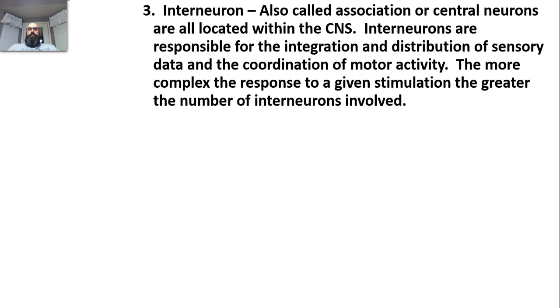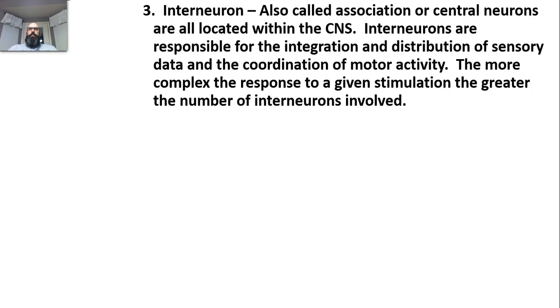The more complex the response that is needed in a given situation, the greater number of interneurons are required. Think about stepping on a tack or a nail or something like that with your foot.